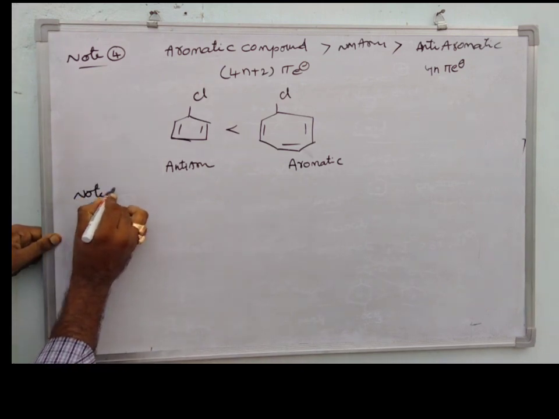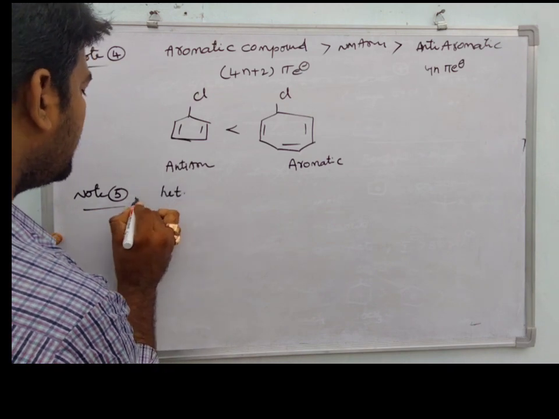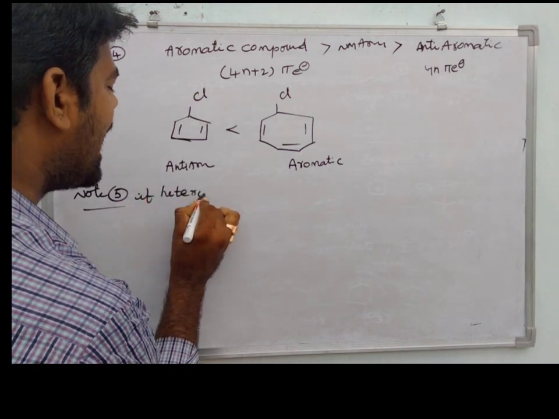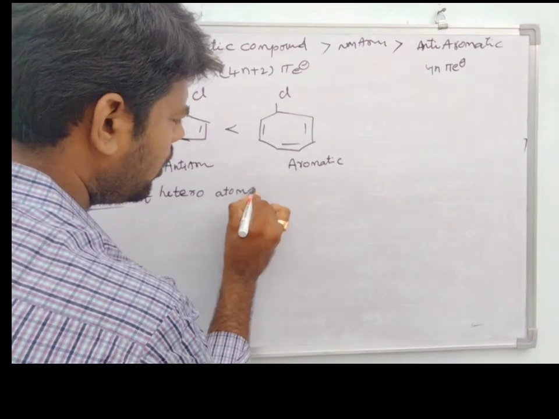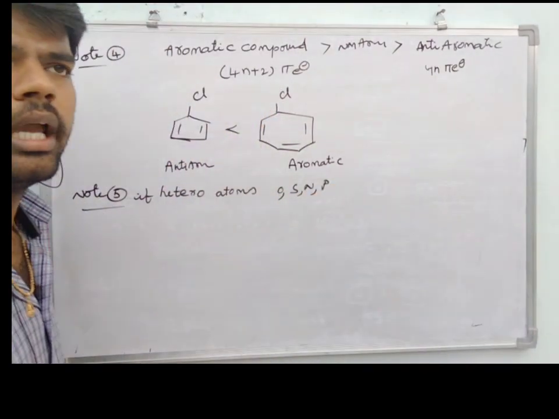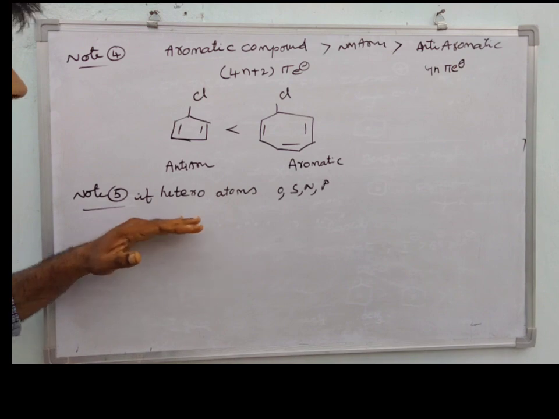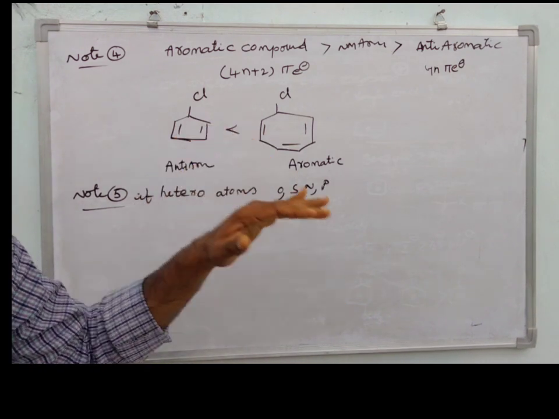After that, if the compound has hetero atoms, meaning oxygen, sulfur, nitrogen, and phosphorus, like that, it undergoes the SN1 mechanism at a high rate.